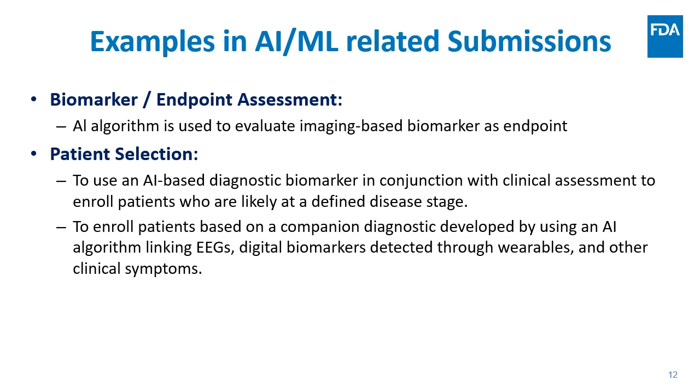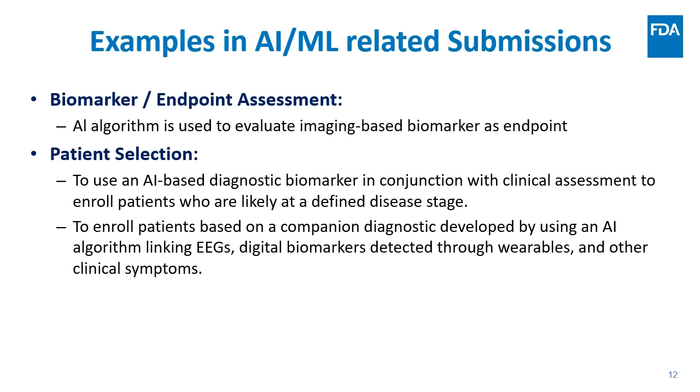This approach is considered as a part of the inclusion criteria. In another submission, a companion diagnostic is developed by using an AI algorithm linking EEG, digital biomarkers detected through wearables, and other clinical symptoms. And this approach is used to select appropriate target patients.